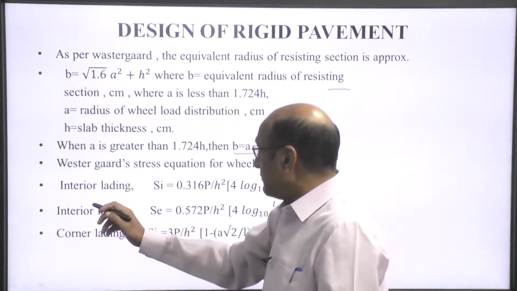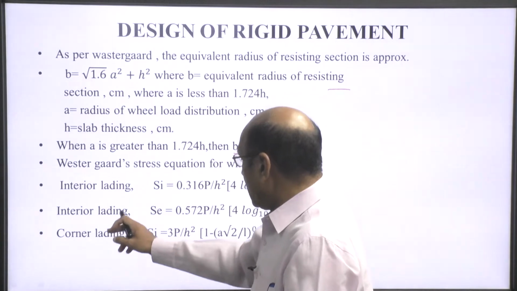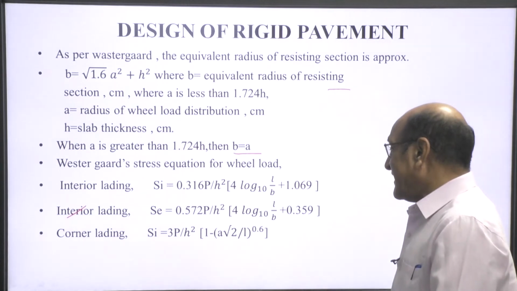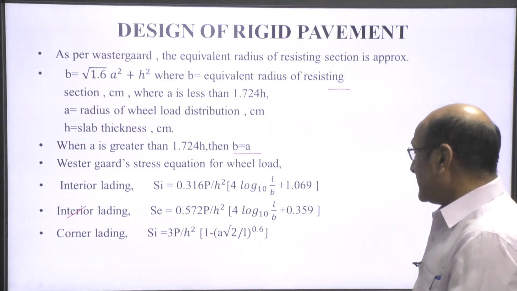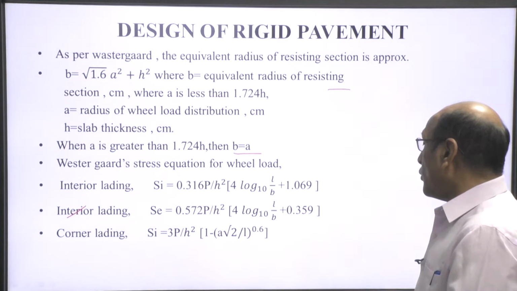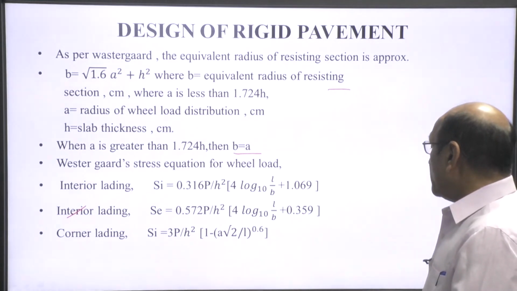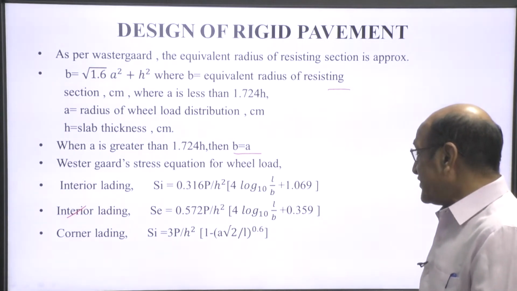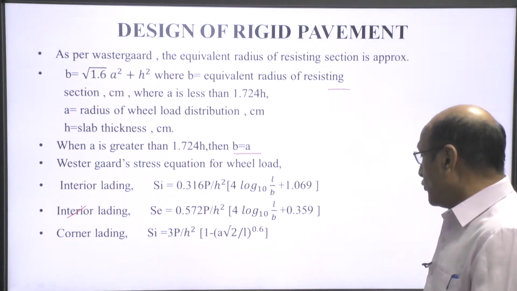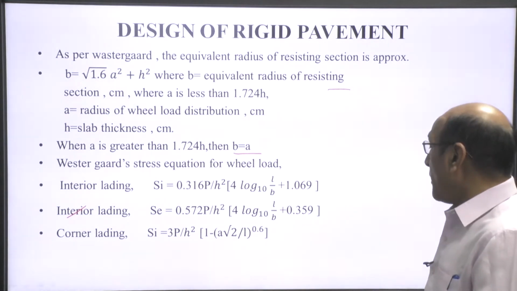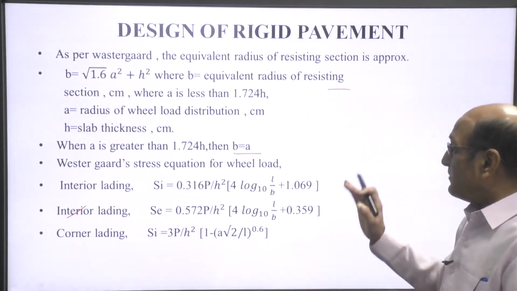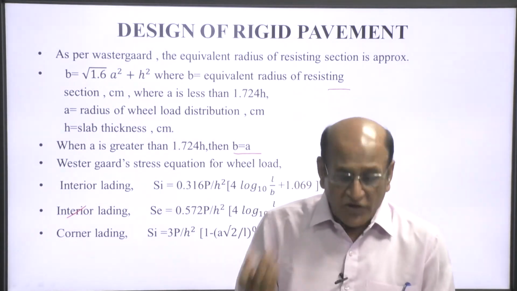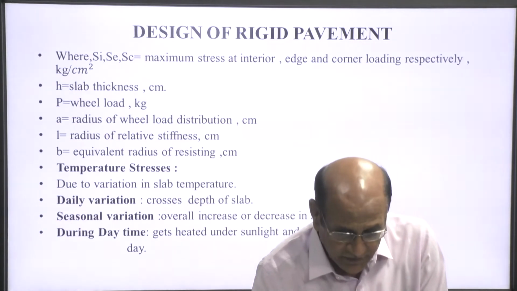This is the edge stress, that is, Se equal to 0.572 P by h square into 4 log base 10 l by b plus 0.359, and the corner loading Sc will be 3 P by h square into 1 minus [a under root 2 by l] to the power 0.6. So, by this method we can calculate the stresses at the location of the loading.